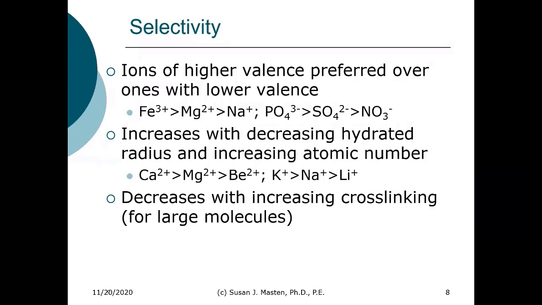So for example, iron is preferred over magnesium, over sodium. Phosphate is preferred over sulfate, over nitrate. Aluminum, 3+, is preferred over calcium, which is preferred over sodium.